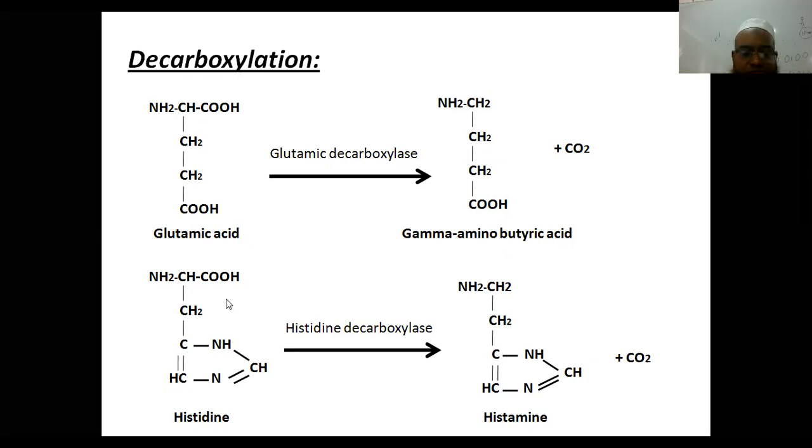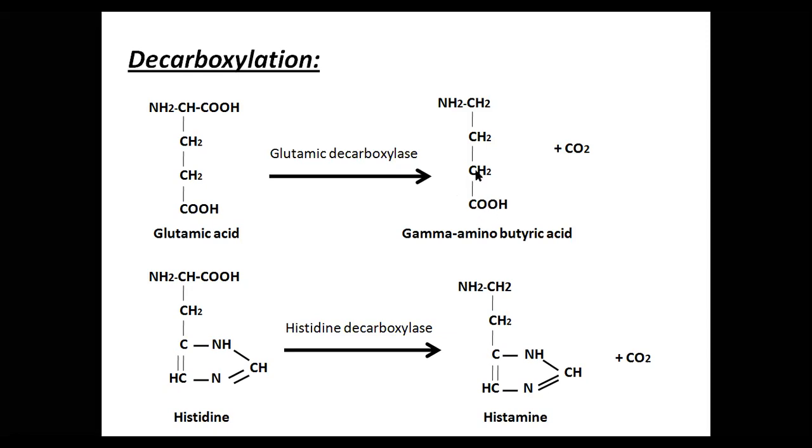What is a neurotransmitter? Do you have any idea about neurotransmitter? Yes, Losini, do you have a question? Yes, sir. I didn't understand the gamma nomenclature, sir. Okay. This is why I said here we start carbon numbering from here.